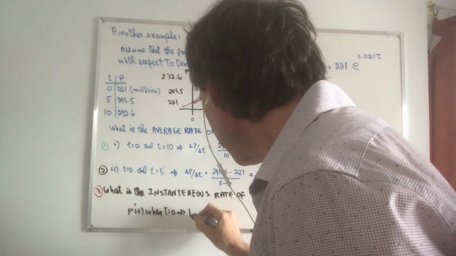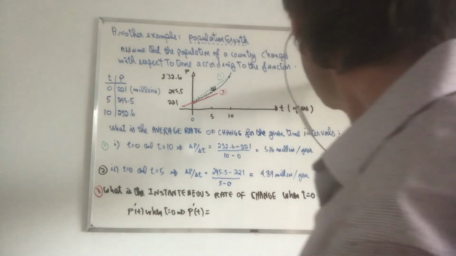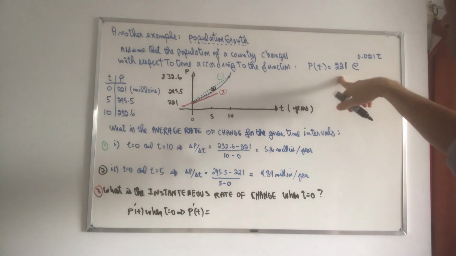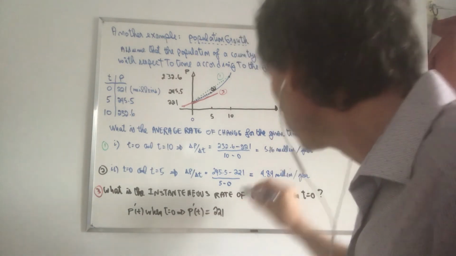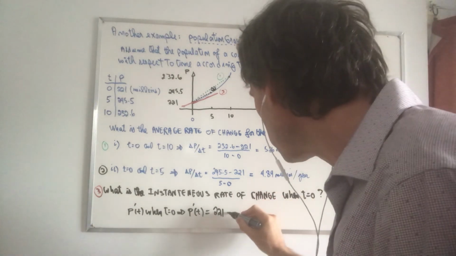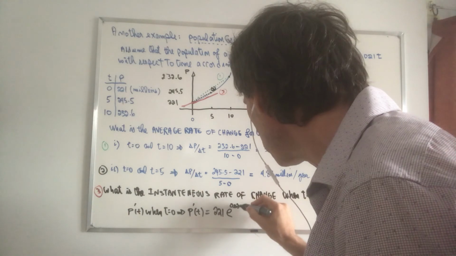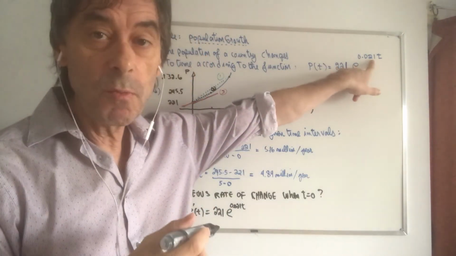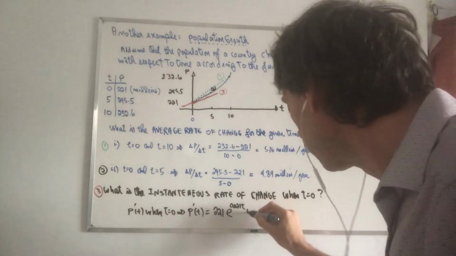So what's p prime? Let's differentiate the function that we have here: 221 e to the 0.021t. Well, the constant plays no role. The derivative of e to the u is e to the u times u prime. What's the derivative of 0.021t? It's 0.021.